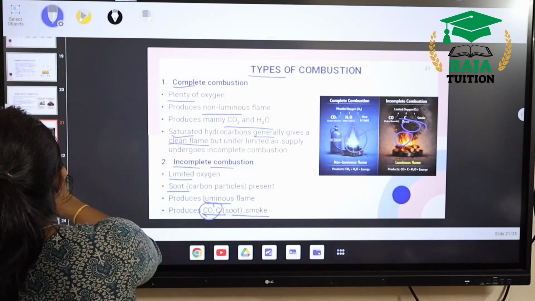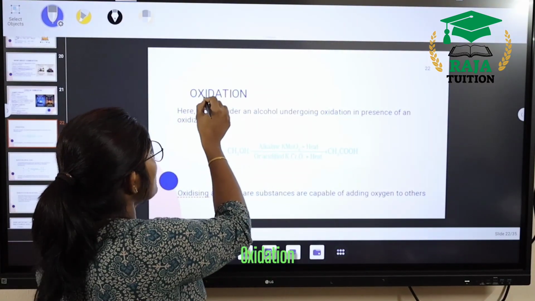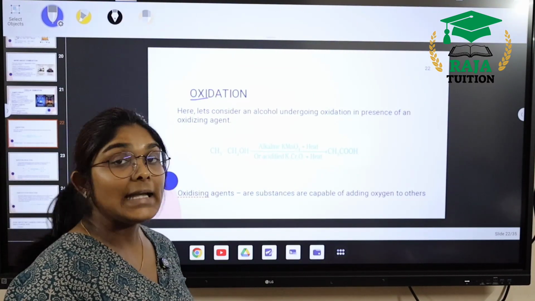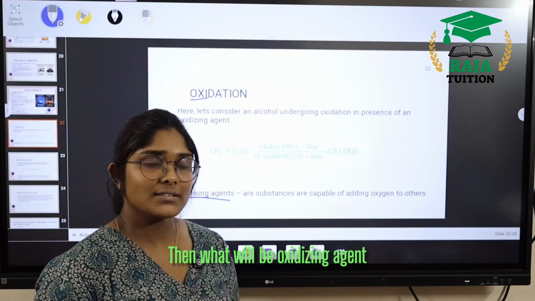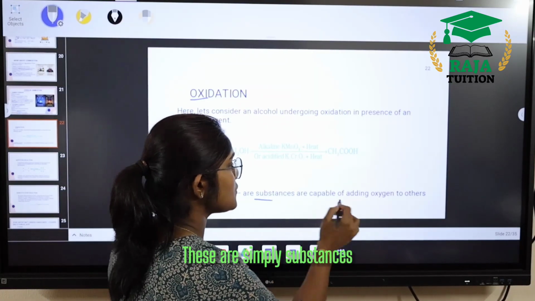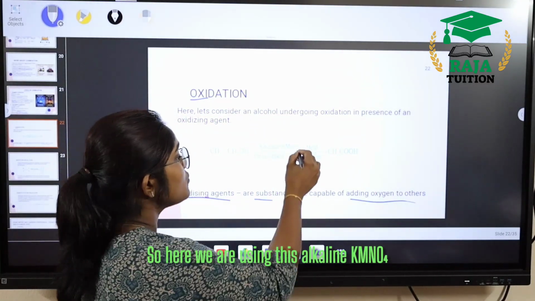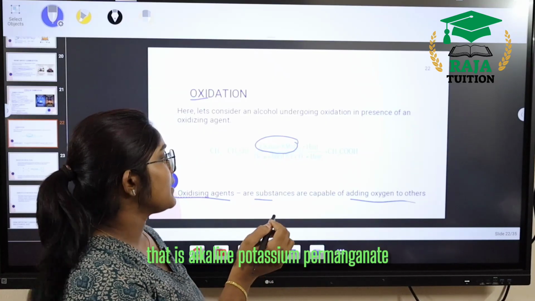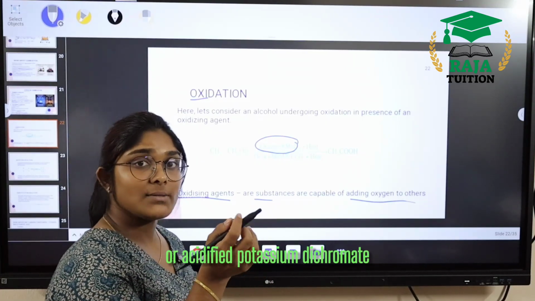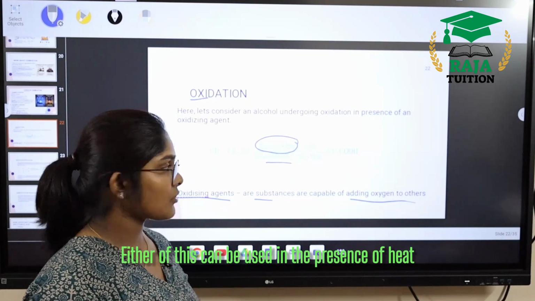Now consider oxidation. What is oxidation? Addition of oxygen. Then what is an oxidizing agent? These are simply substances which are capable of adding oxygen to others. Here we are using alkaline KMnO4, that is alkaline potassium permanganate, or acidified potassium dichromate. Either of these can be used in the presence of heat.